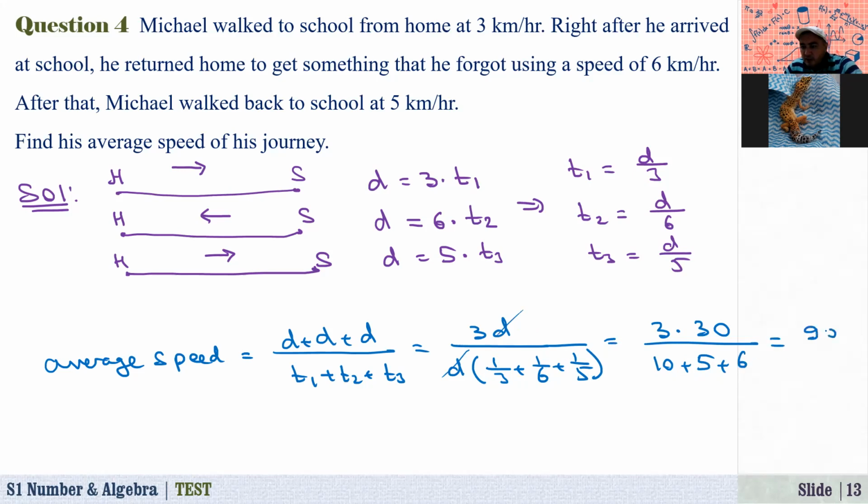That's equal to 90 over 21. Both numbers are divisible by 3, so it is 30 over 7, or as a mixed number, 4 and 2 over 7 kilometers per hour. That is the speed of Michael for the whole journey.